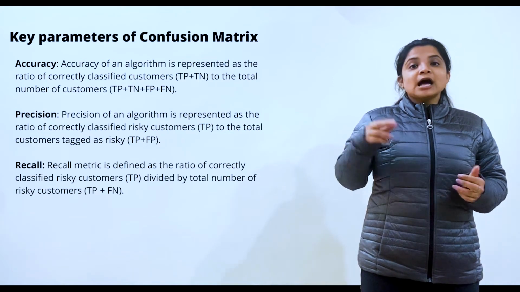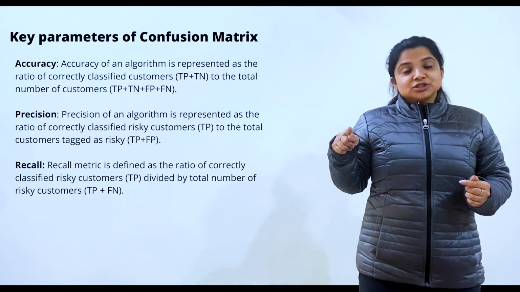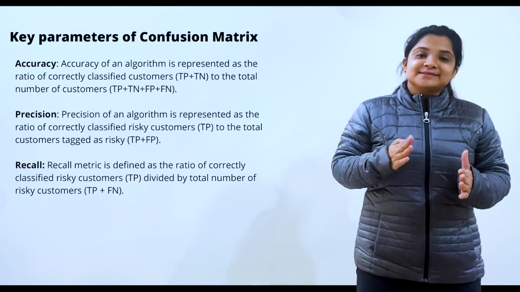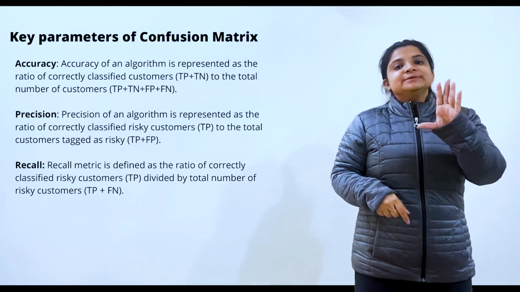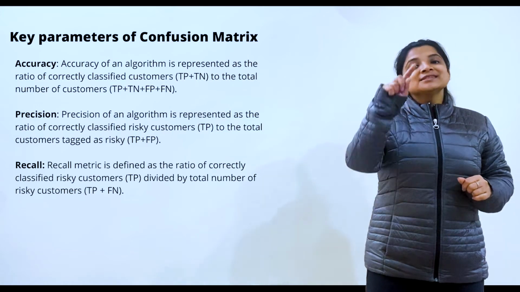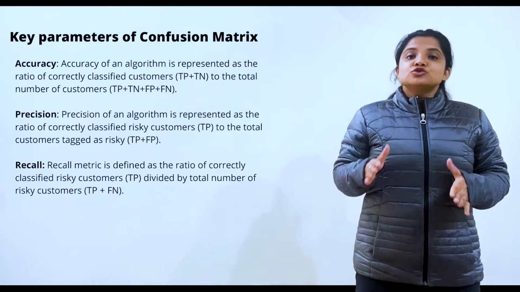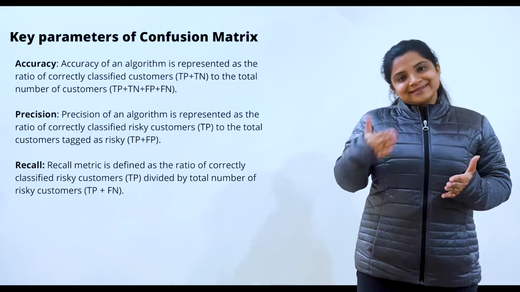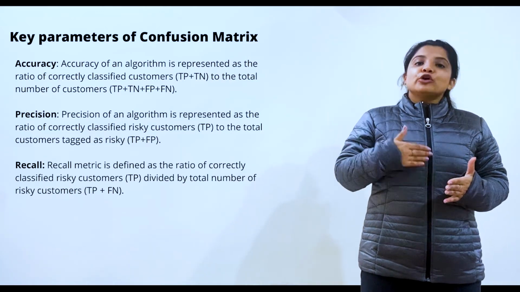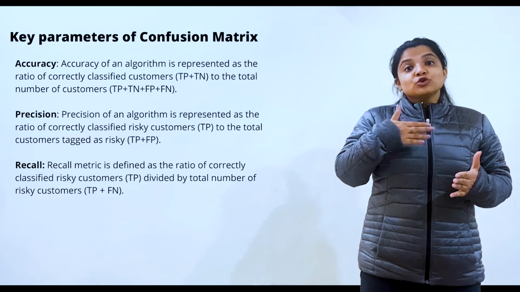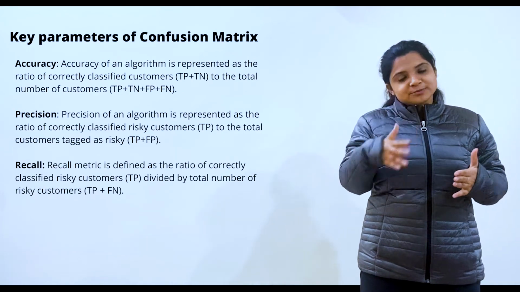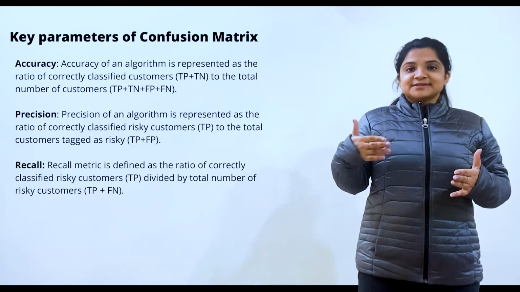This feature tells us that out of the total population that should have been tagged as risky, how many have actually been tagged as risky. So it is true positive upon true positive plus false negative. True positives are those populations that are risky and have been correctly tagged. False negatives are those populations that were risky but have not been tagged by our model as risky.